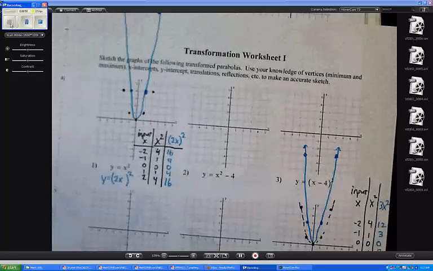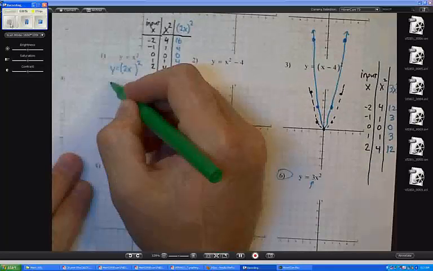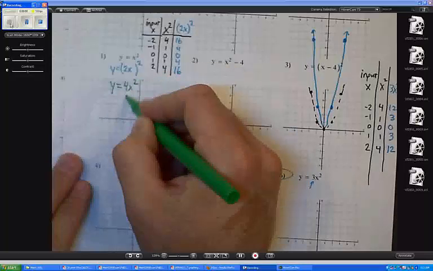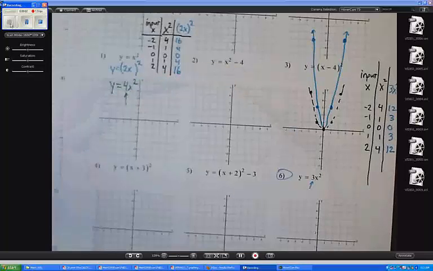So a horizontal shift by 2, but watch what happens. I can simplify. What does y equals (2x) squared simplify to? Now all of a sudden that's thinking of it as a vertical shift. So horizontal shift is when we're inside the parentheses, vertical shift is outside the parentheses. Does that make any sense?